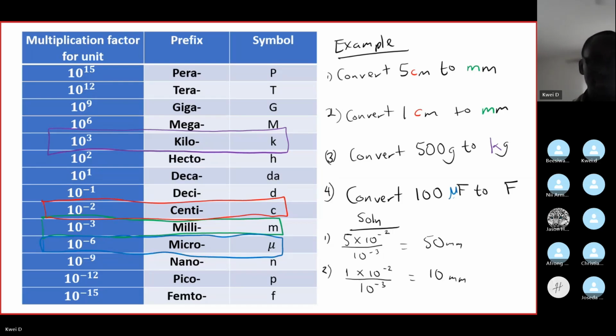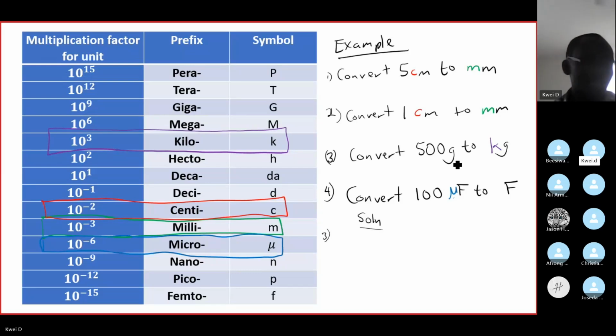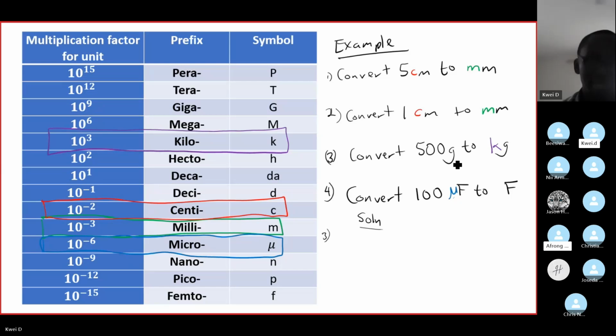All right. Can we deal with the next one? Can I clean it? Yes. Okay. Let's deal with number 3 and number 4. So how do you go about number 3? It's already in the basic units. So you don't multiply. 500 what? Edmond. 500 times 10 raised to the power 3.